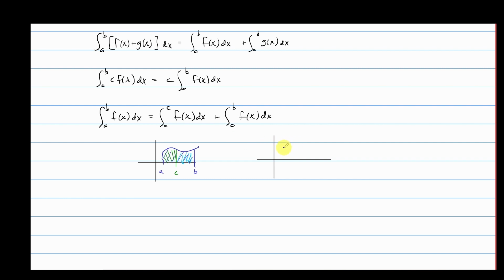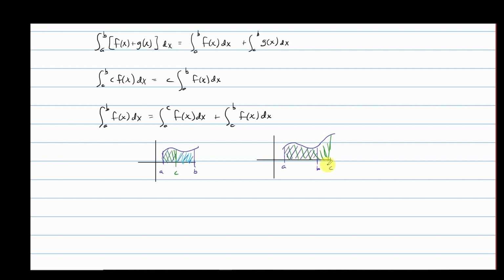So let's look at another possible scenario here. Here's my a, here's my b. And let's suppose the c is out here to the right somewhere. Okay, the integral from a to b is still going to be this blue shaded region. Now, the integral from a to c is going to be in green. So I already have more area than I want.